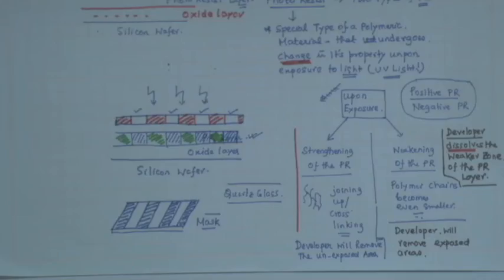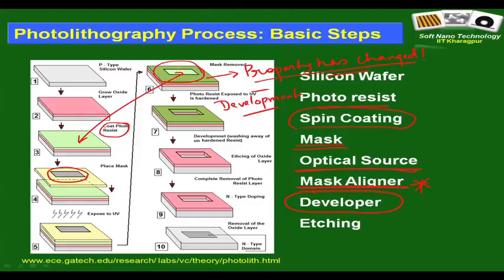Does it ring a bell? Does it give you an idea as to what type of photoresist you are using? Well, you can immediately say that we are using a type of photoresist which upon exposure has strengthened. As we know, the developer removes or dissolves the weaker part. With respect to the exposed part, the weaker portion was the original photoresist. So, this is only possible if the photoresist upon exposure has strengthened.